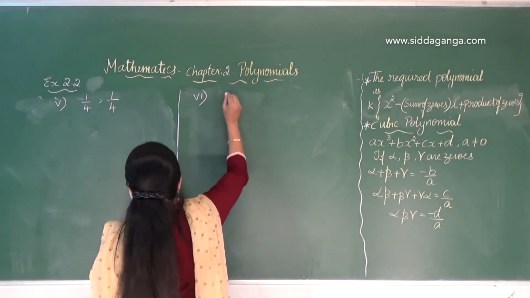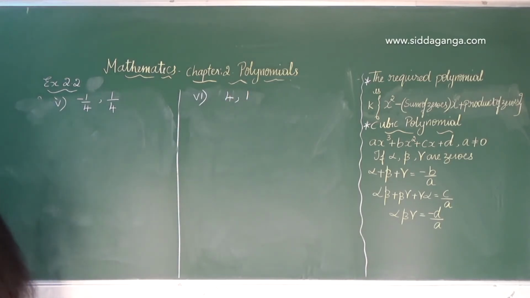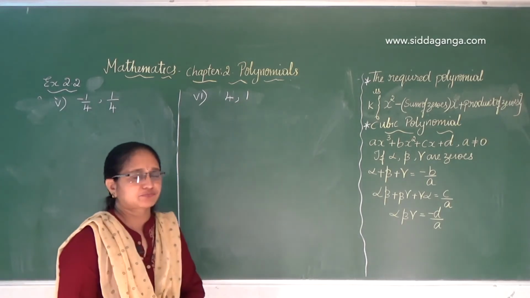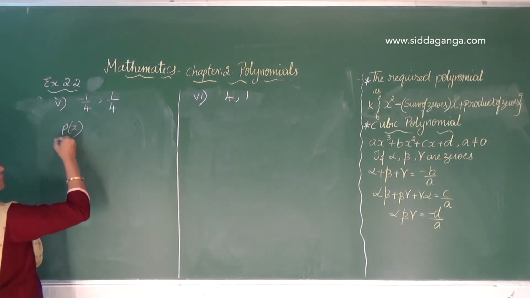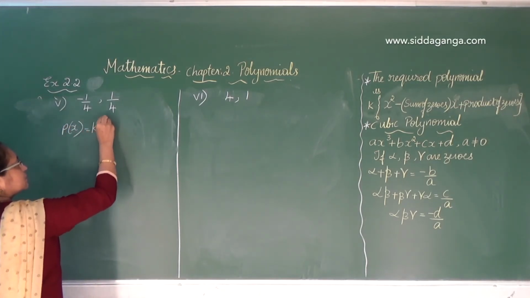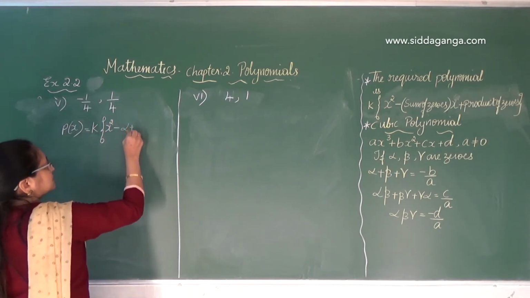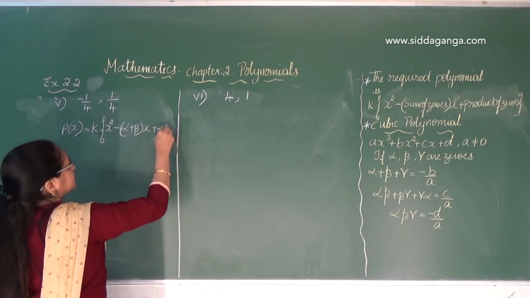Sixth one, 4 comma 1. Now, minus 1 by 4 and 1 by 4. Now again put the formula. The required polynomial will be equal to k times x square minus alpha plus beta into x plus alpha beta.